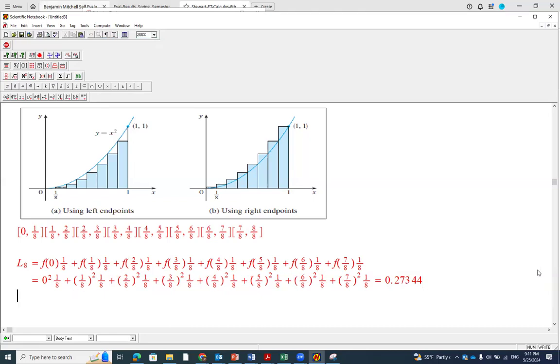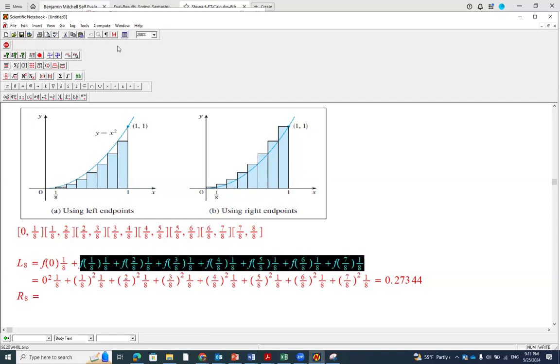Let's look at the right endpoints. For the right endpoints, we also have 8 rectangles to approximate, but for these 8 rectangles, we choose the right endpoints for the height of the rectangle. So we're going to have 1/8 for the height, 2/8, 3/8, so we have all of these.